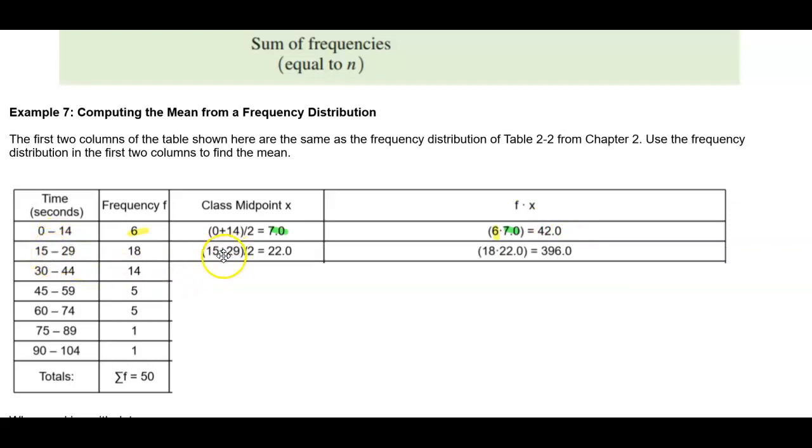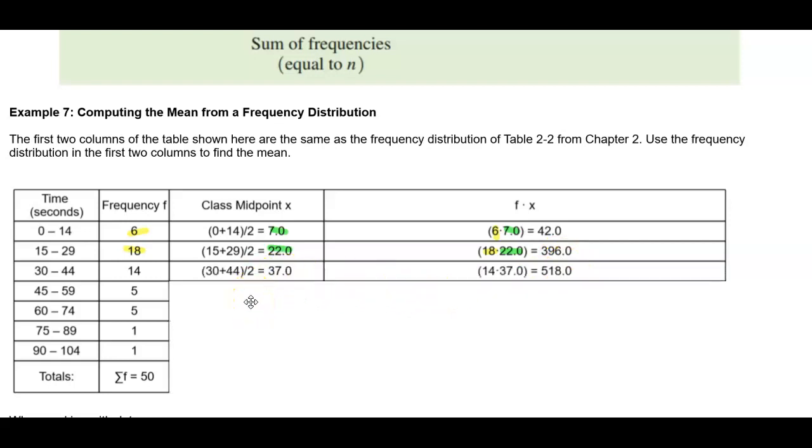We're going to take 15, add 29, and then divide that by 2. So 15 plus 29 divided by 2 gives us 22.0. Then we're going to take the frequency of the class, which is 18, and multiply it by the class midpoint to give us 396.0.